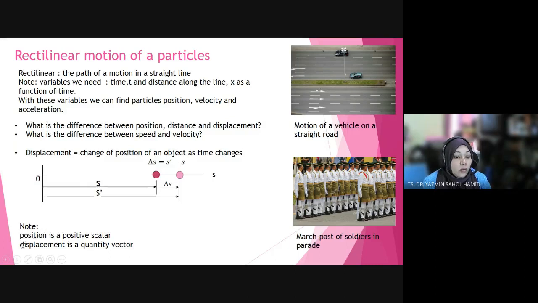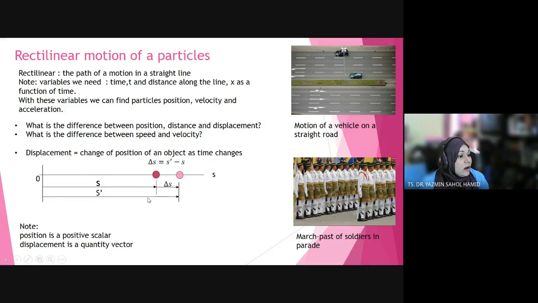When people ask you what the position is, usually we say it as a scalar, a positive scalar. It means the position is always a positive value. But when we ask you what the displacement is, because displacement is the change of position as time changes, it can be a vector quantity. It means the displacement can be positive or negative.